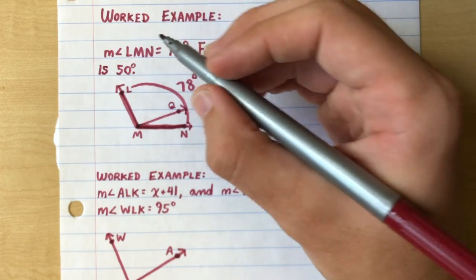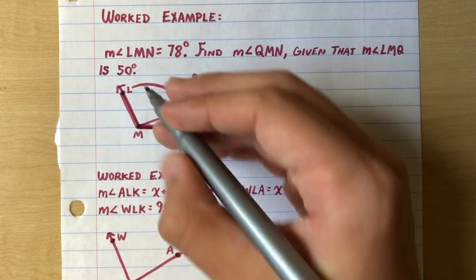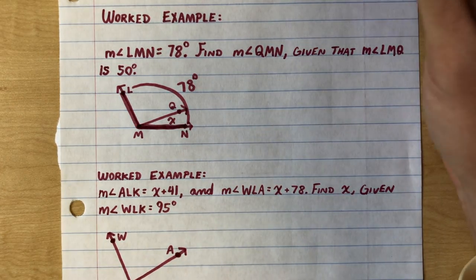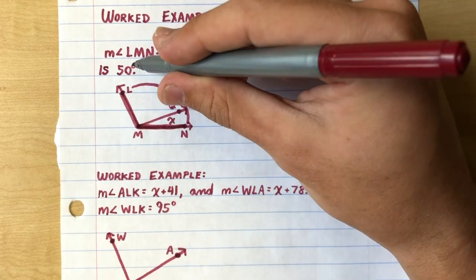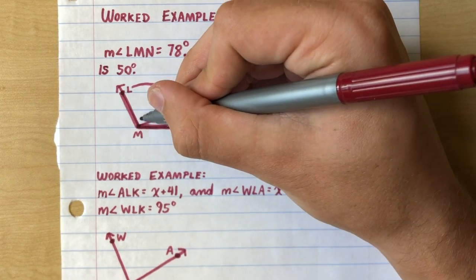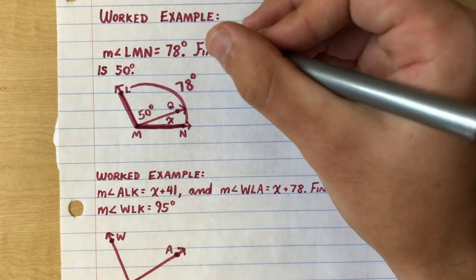So I'm just going to name that X because that's what we want to know. Find QMN right here. This is X. We don't know that, but we want to. And then it says given that the measure of LMQ is 50 degrees. So here's LMQ, and that's 50 degrees right here. And again, we can just use the angle addition postulate.